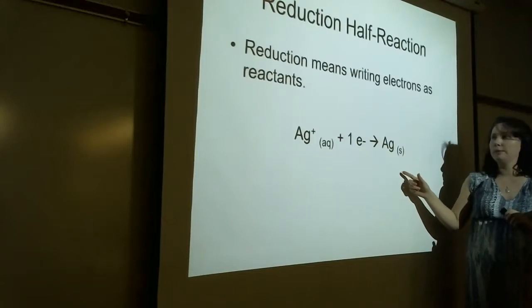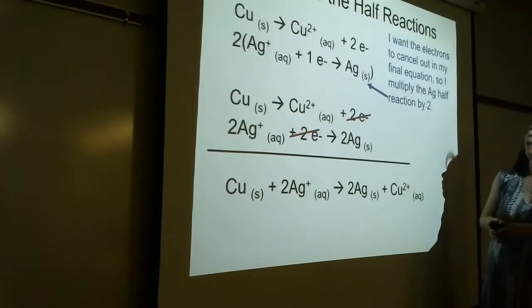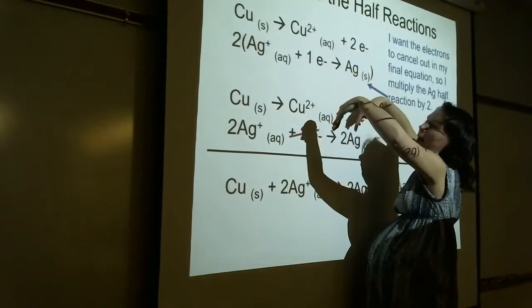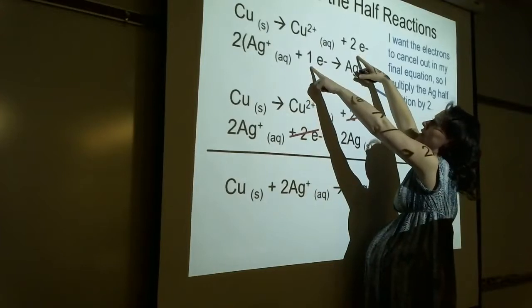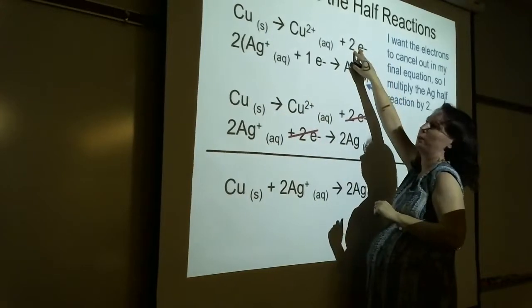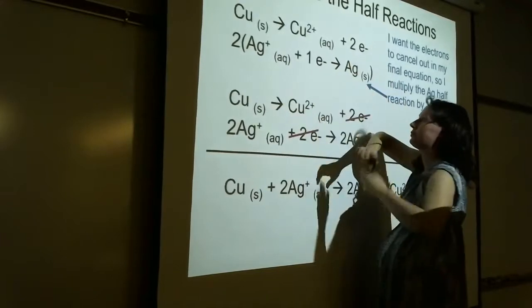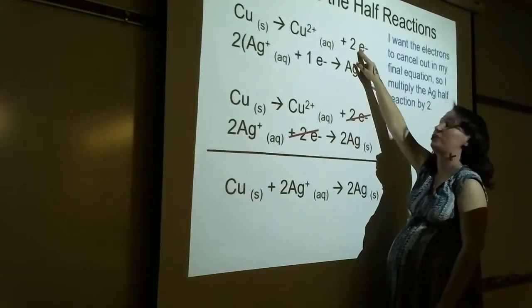Does this make sense? All right, now what we want is we want the electrons to cancel out. When I add these up, I want the electrons to cancel. Because if I have 2 electrons on the products and 2 electrons on the reactants, when I add them up, they'll cancel. Well, this is 1 electron, this is 2.